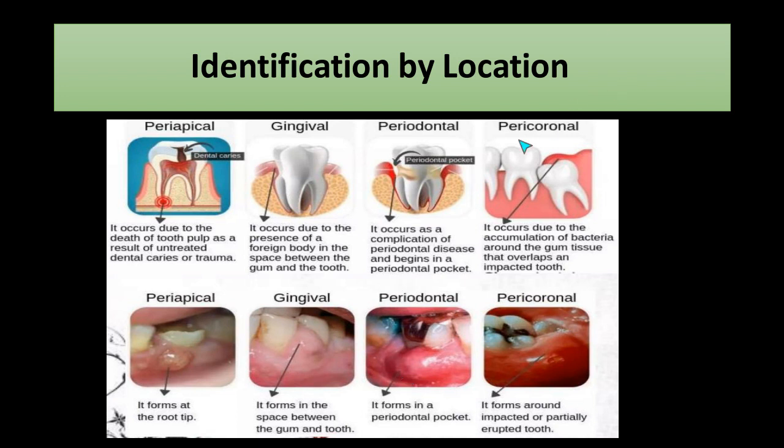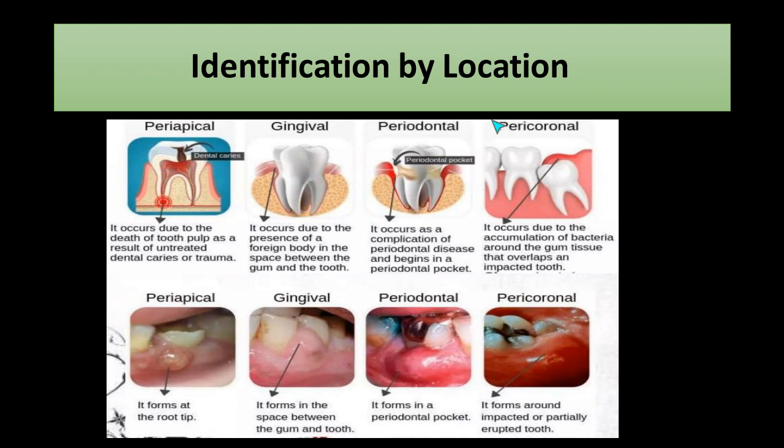Okay, the last abscess is the pericoronal abscess. You know pericoronitis, so this is pericoronal abscess. It usually occurs due to accumulation of bacteria below the operculum of a partially impacted or partially erupted last molar or third molar.